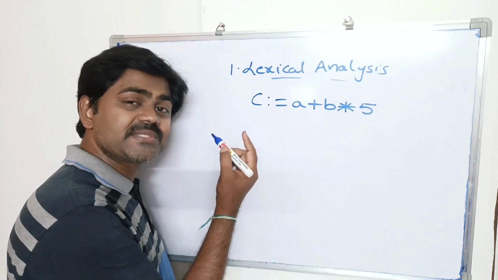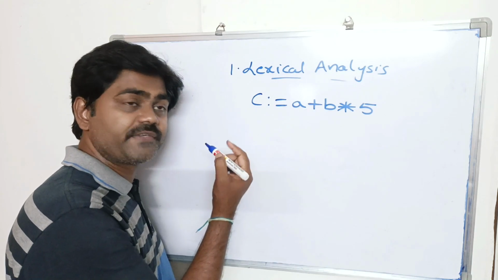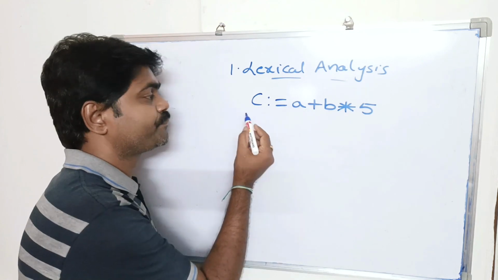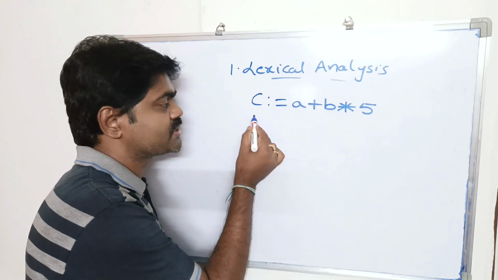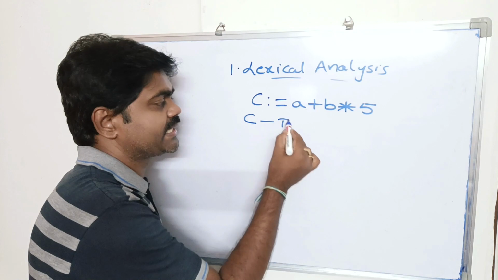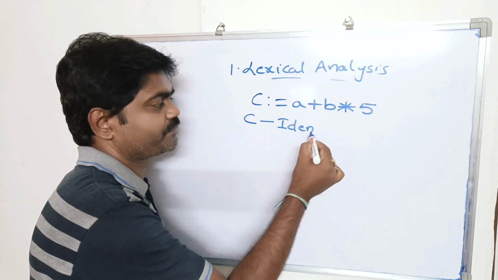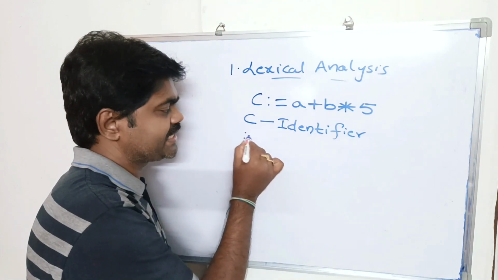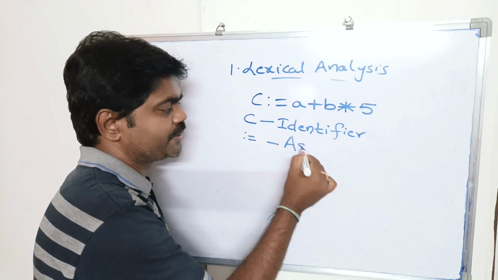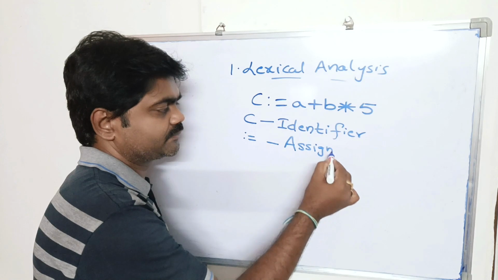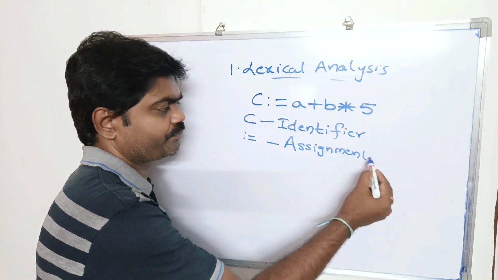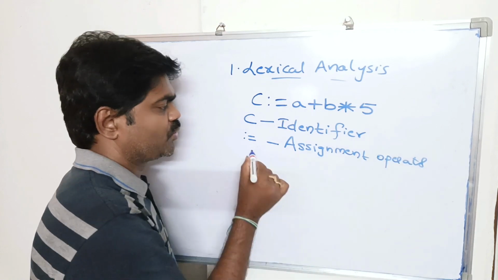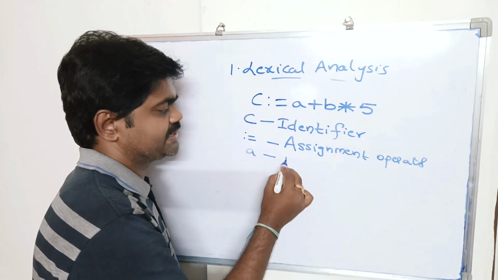It gives each and every expression of it, what C is, what equal to is, what A is, like that. So, a detailed description. C is an identifier. What is equal to? Equal to is an assignment operator. Now what is A? A is an identifier.